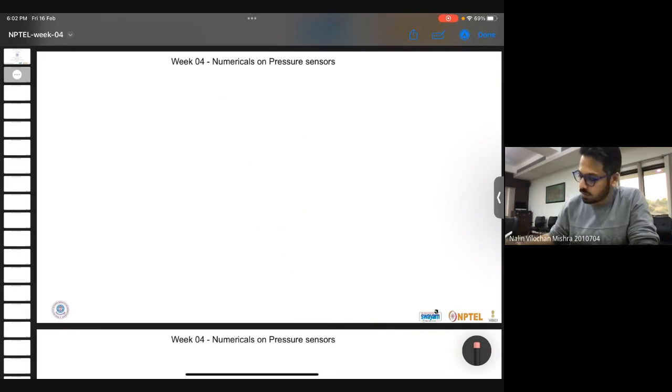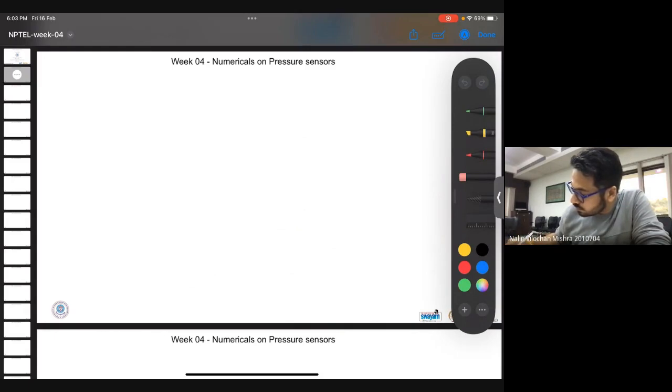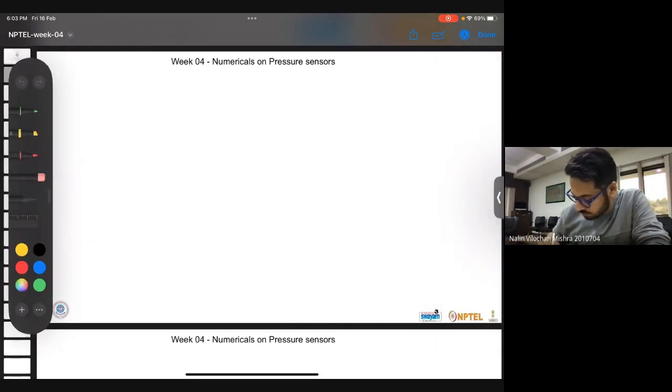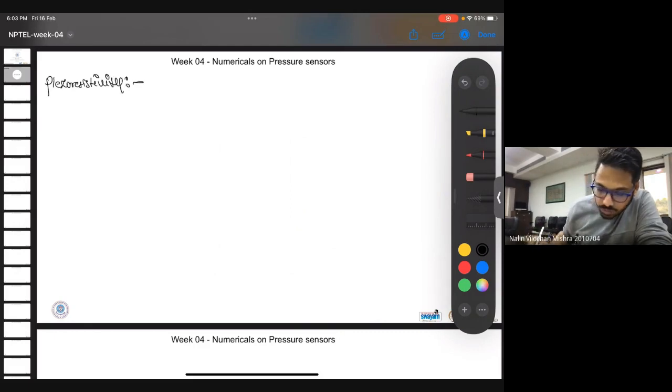Okay. So first of all, we will start with defining piezoresistivity. So what is piezoresistivity?